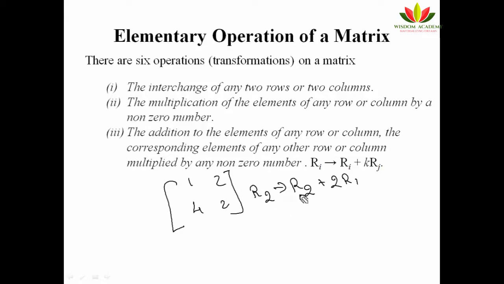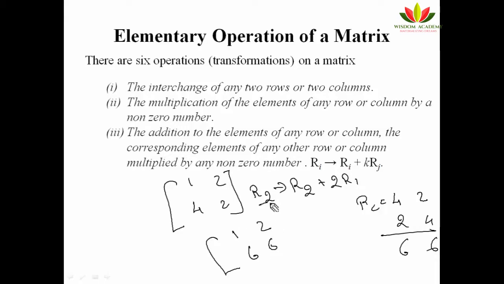R2 is 4 and 2, and it is added with 2 into R1. R1 is 1 and 2, so into 2 it is 2 and 4, and adding it gives 6 and 6. Then my matrix will change into 1, 2, 6, 6. So this is the fifth operation.